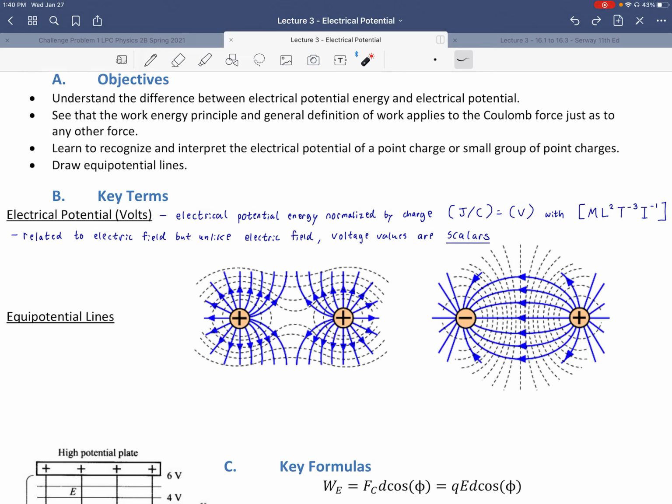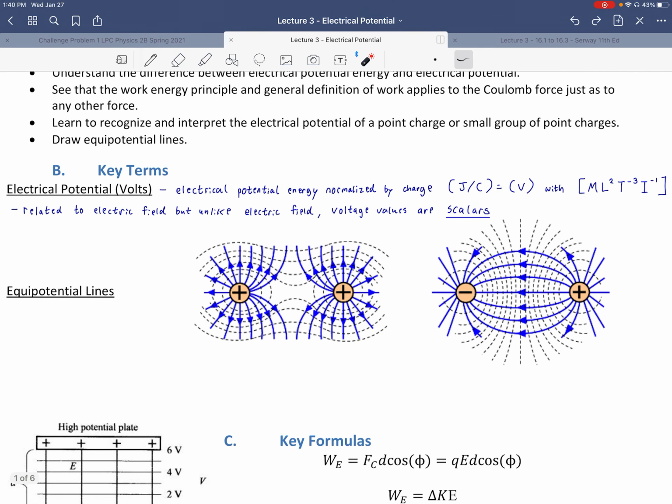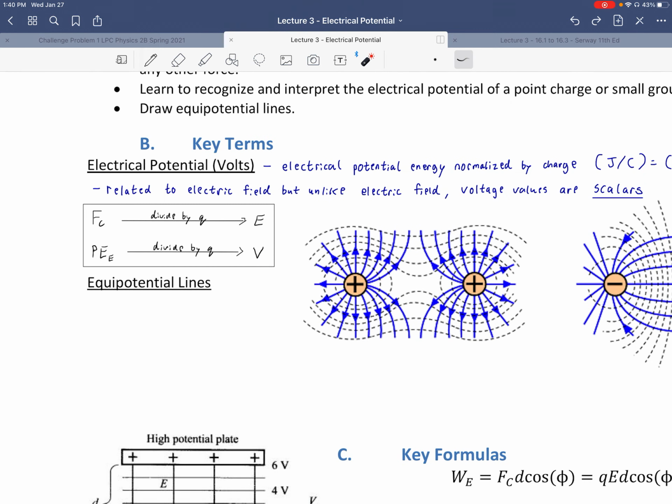Now I do want to call up this idea of normalization and make a comparison with another quantity we just saw and was just mentioned, the electric field. The Coulomb force divided by Q gives us the electric field.